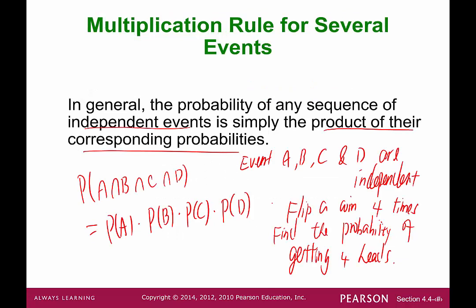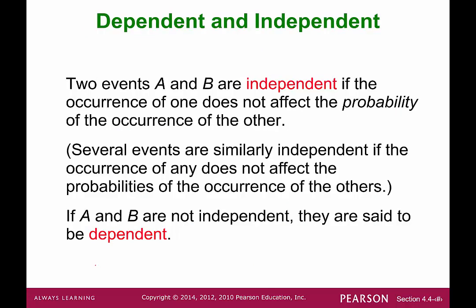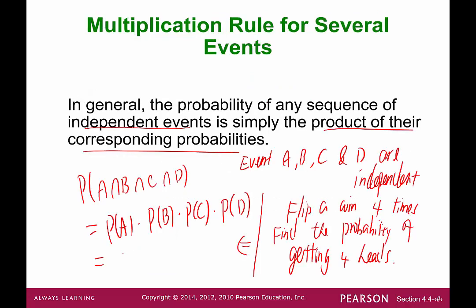Basically, apply this rule. The probability of getting the first head is a half. The probability of getting the second head is a half. The third head is a half. The fourth head is a half. So it turns out to be 1/16. That's the probability of getting 4 heads when you flip a coin 4 times.